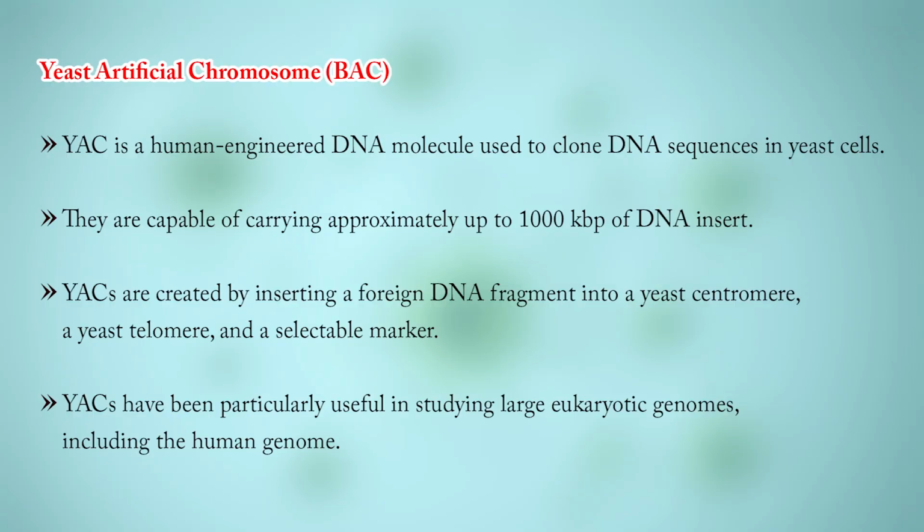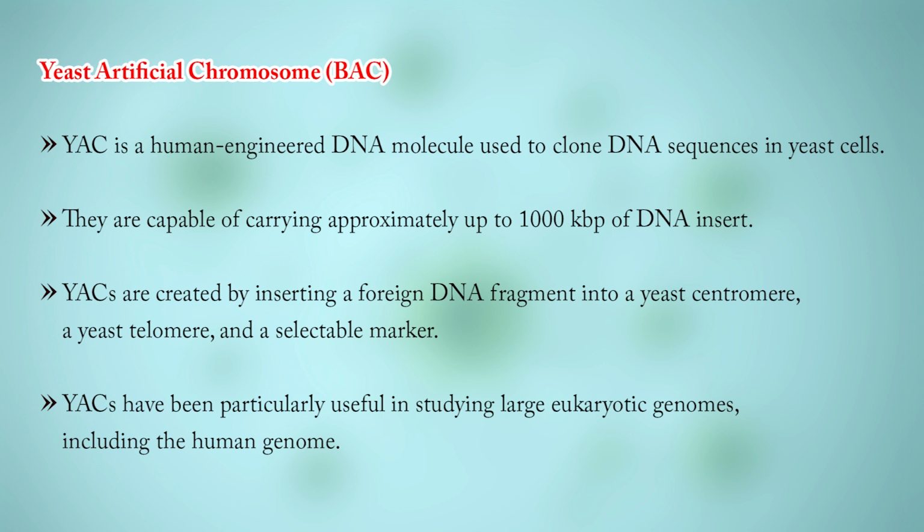Now, when you define a chromosome, you need certain types of sequences to be present, and that is what we do in creating the yeast artificial chromosome. Here we see the important features of chromosomes, like centromere and telomeres, and apart from that, those features which help us identify the clone, that is the selectable marker. This is particularly useful in studying eukaryotic genomes, for example the human genome.